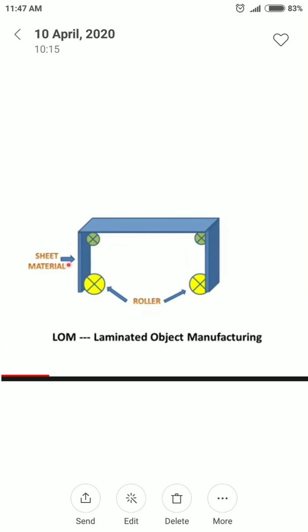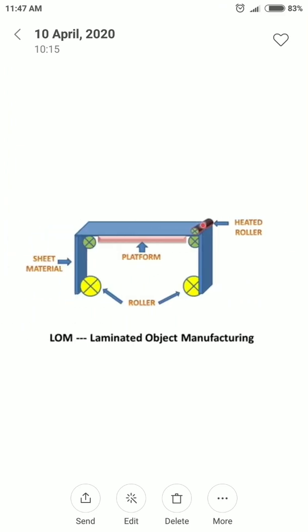Then came the next slide. See here in this slide, what are the different things? Two extra things: one is the heated roller, which I mentioned, and one more is the platform. That is where we are going to fix the work table or platform, below the sheet metal, as the slide clearly shows.